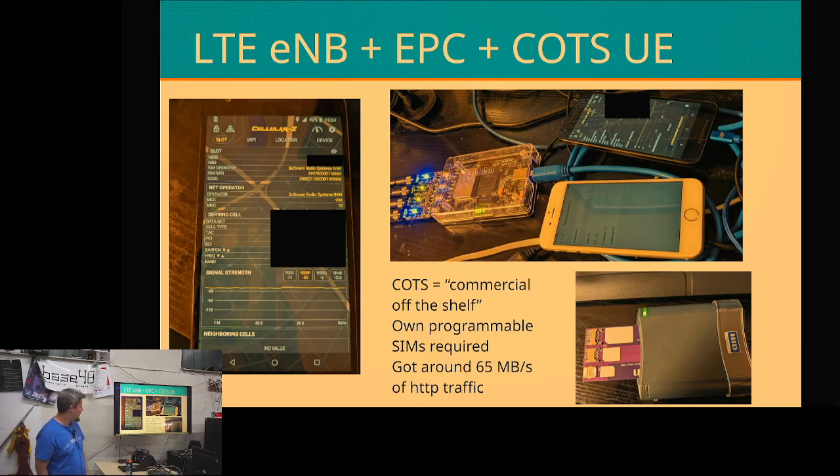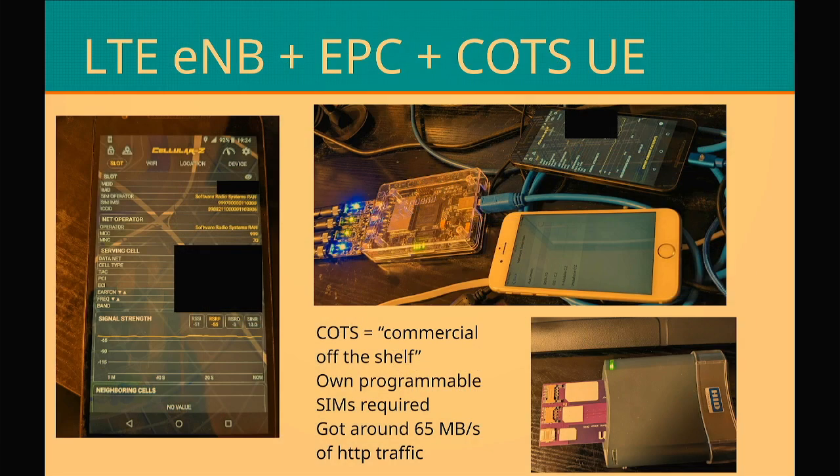So this is how it looks like. It's just a little small box, and I had to buy my own SIM cards because you cannot use any operator's cards because you don't know the secret key, and you need the secret key in order to go after a certain step.